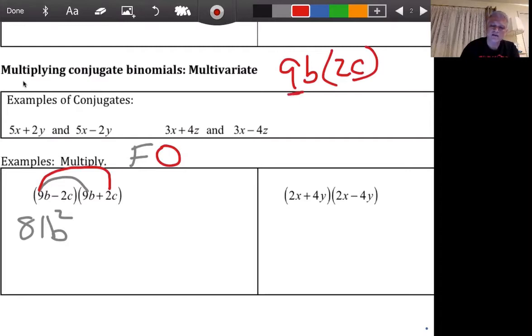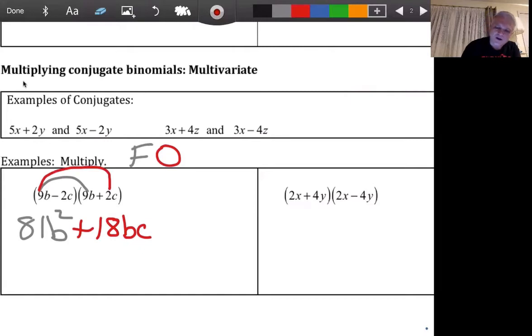So 9 times 2, which is positive 18. And now what I was talking about before, what is b times c? Easy, it's bc. No, it's not EZ, it's BC. B times C is BC. Why? Because. All right.